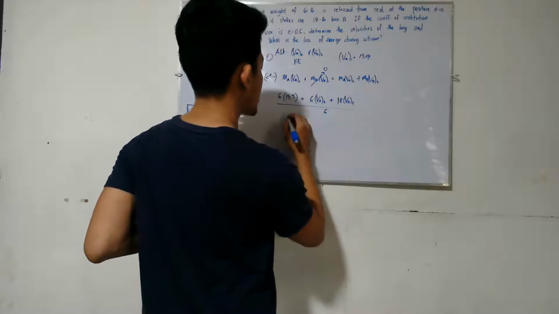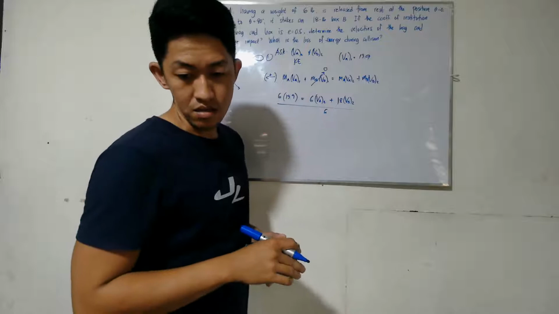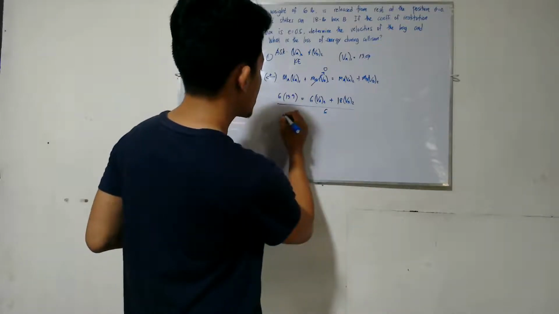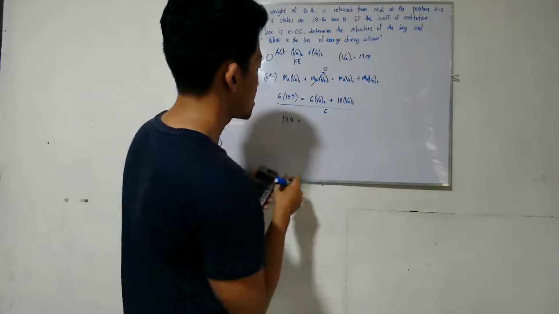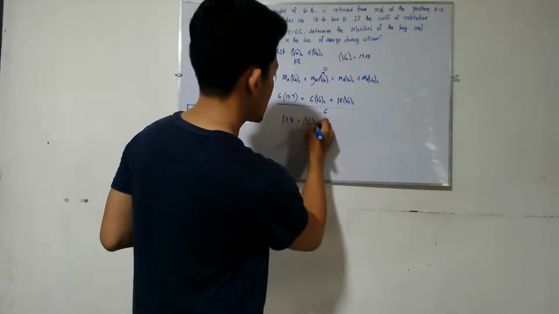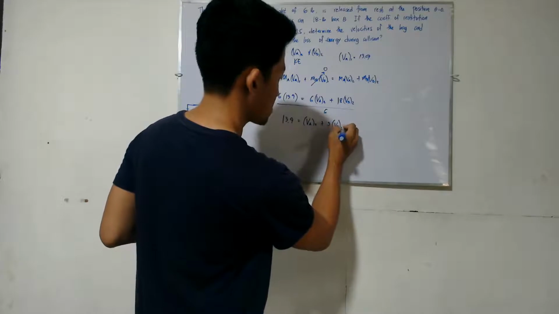Divide natin ni by 6. You have 13.9 equals VA2 plus 3 velocity V2.